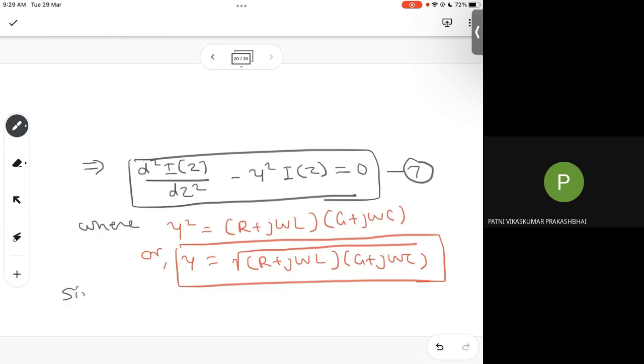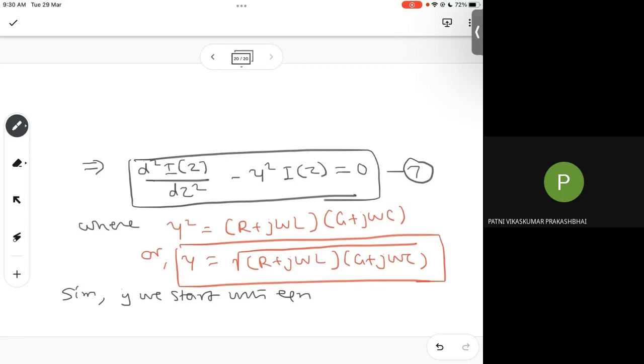Similarly, previously we started with equation 6 and substituted into equation 5.